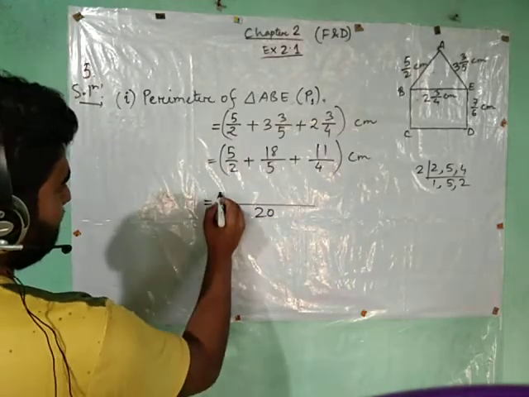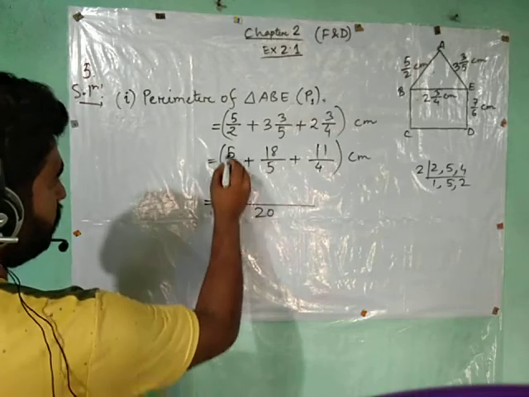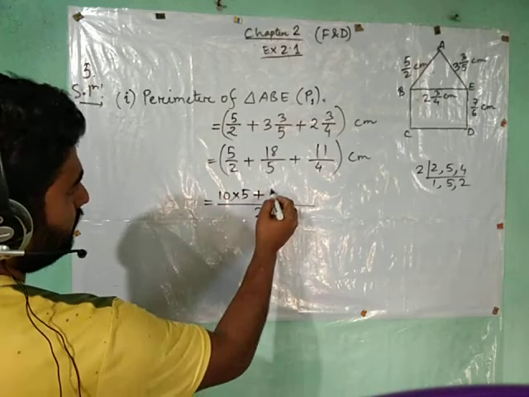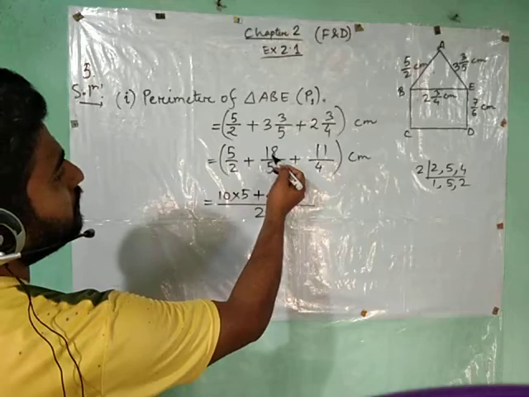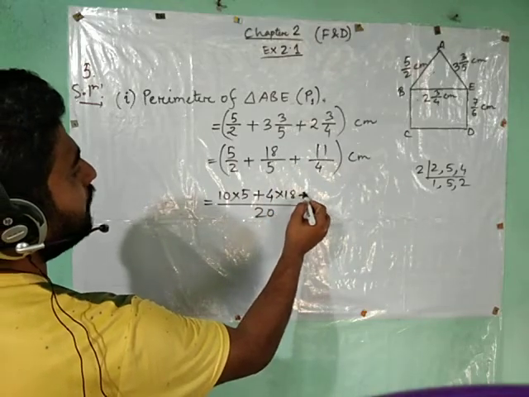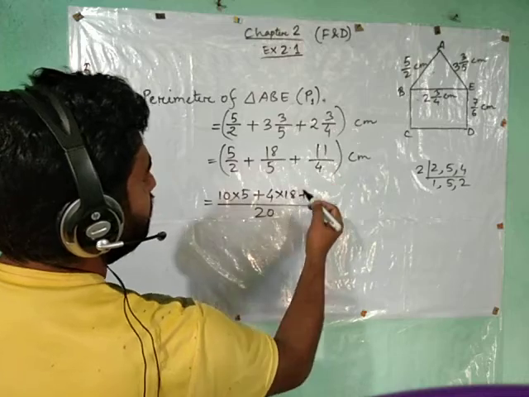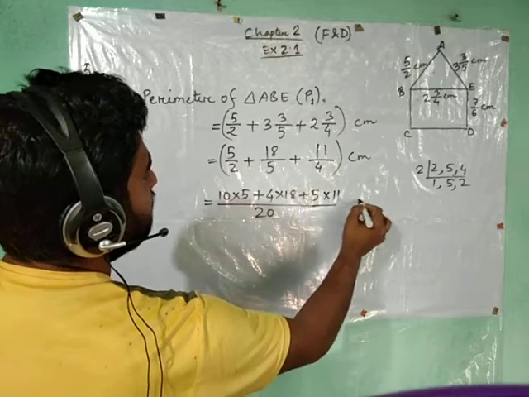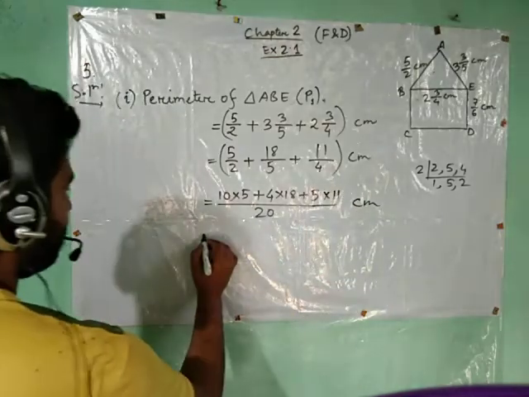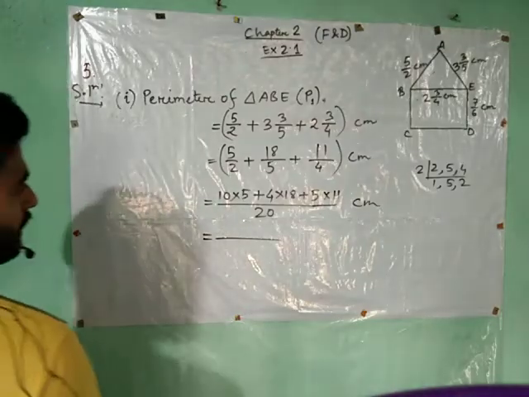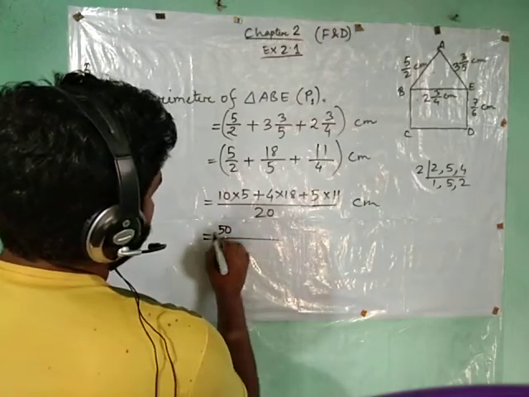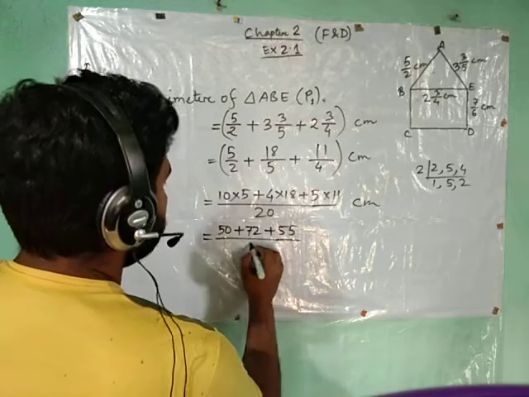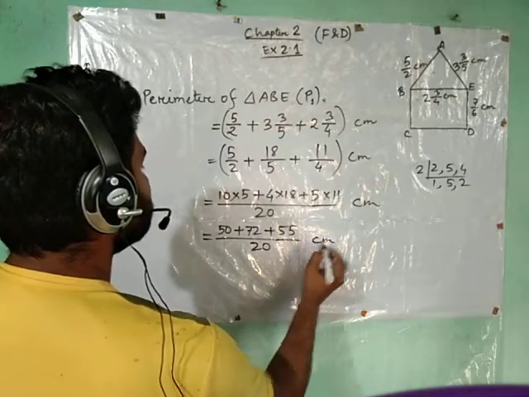Now 2 tens are 20 into this 5, the numerator. Now plus, 5 fours are 20 into this 18, plus 4 5s are 20 into this 11, and it is centimeter. Now how much from here you will get? You will get 50 plus 72 plus 55 divided by 20 centimeter.